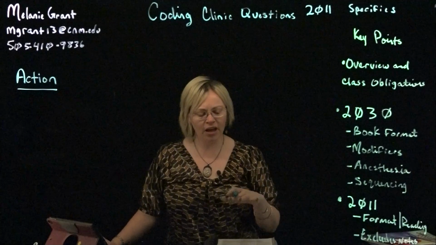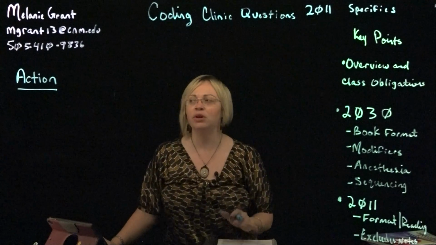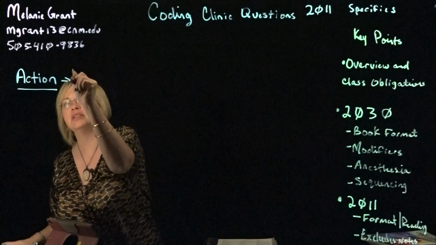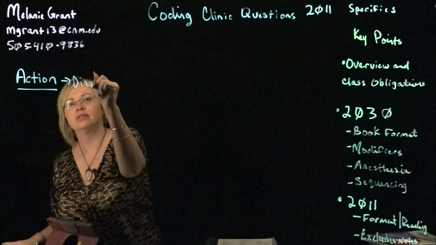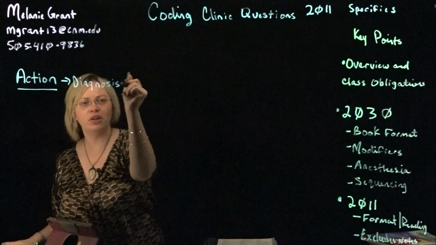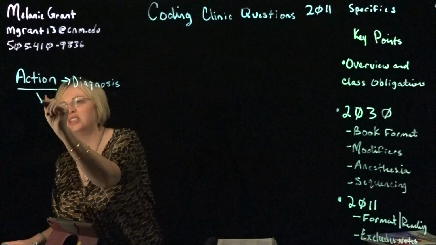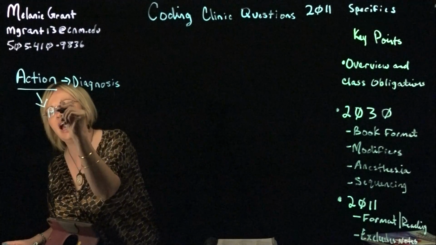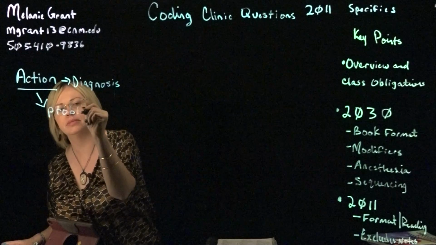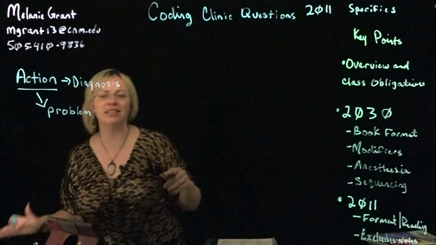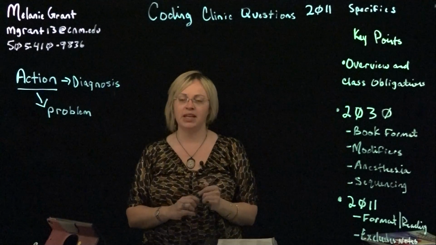In the case with ICD-10-CM, you want to remember this is your diagnosis. So when you have a long detailed diagnosis, your action word or your main term is the actual problem. Okay, what is the underlying problem that's going on today?